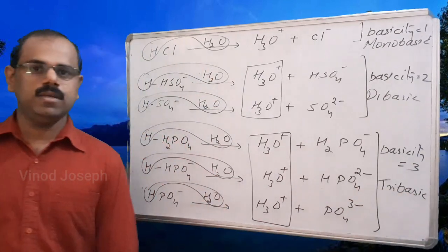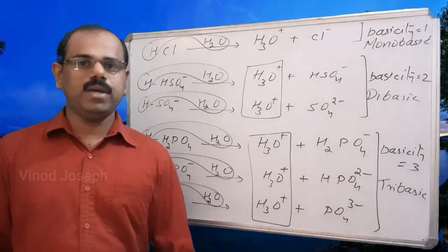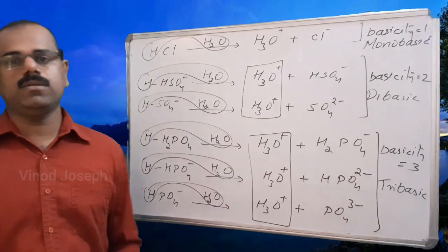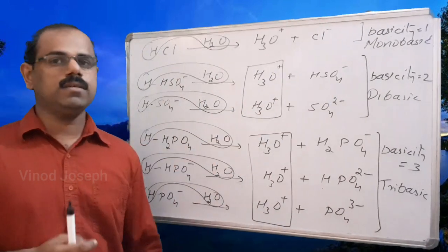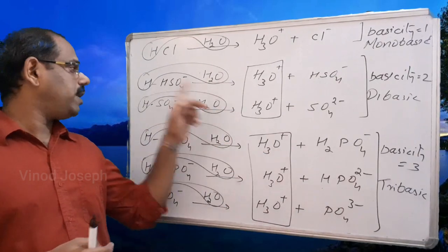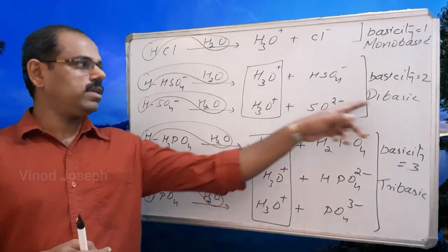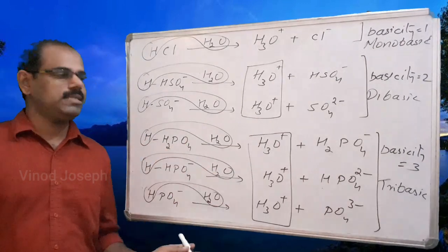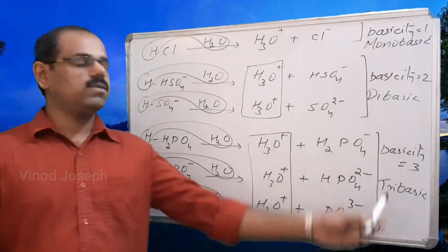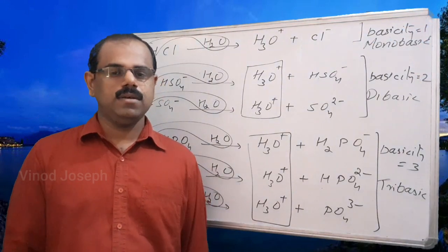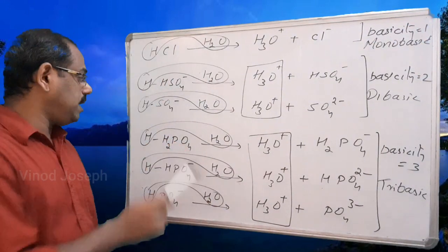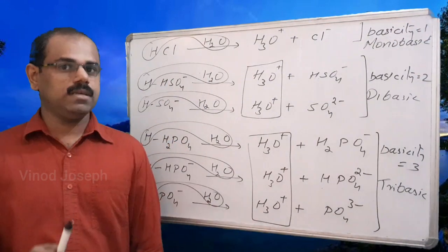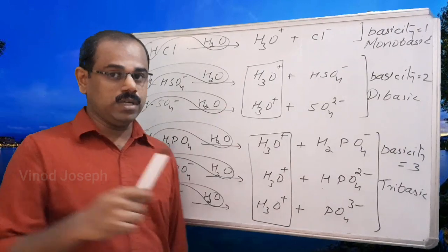If 1 hydronium ion is released by an acid in aqueous solution, it is monobasic. If 2 hydronium ions, it is a dibasic acid. If 3 hydronium ions, it is called a tribasic acid. So mind that, it is not the number of hydrogen atoms, it is the number of hydronium ions.